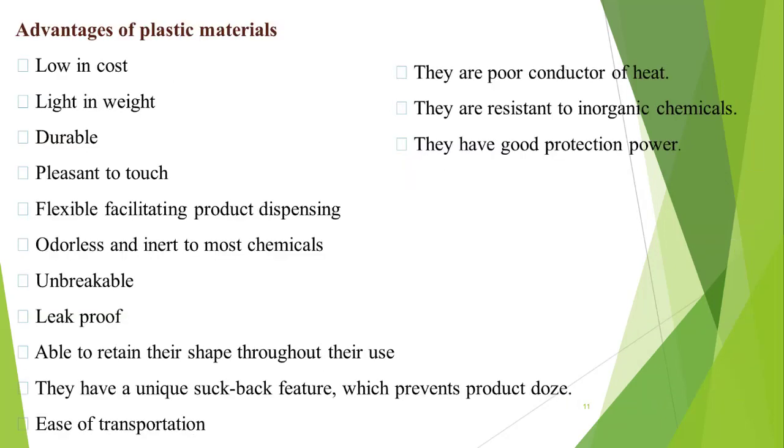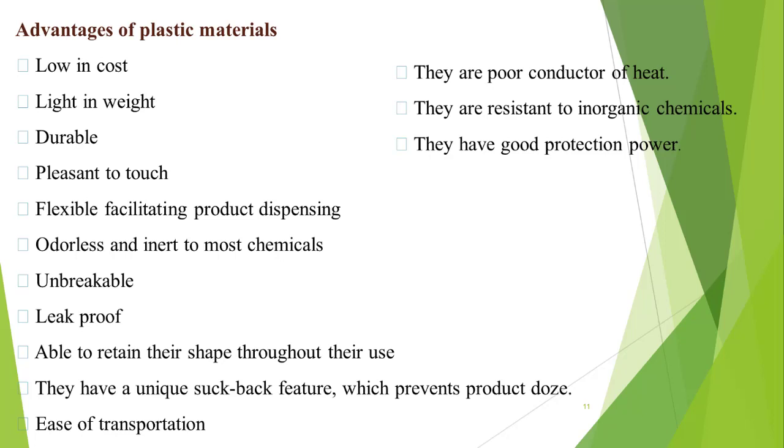So let's talk about some of the advantages of plastic material over our glass container. As we know, it is low in cost, lightweight, durable, pleasant to touch, flexible, facilitating product dispensing, odorless and inert to most chemicals, unbreakable, leak proof, and able to retain its shape throughout use.